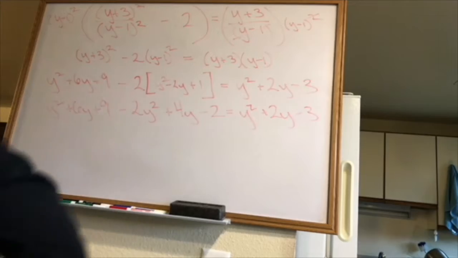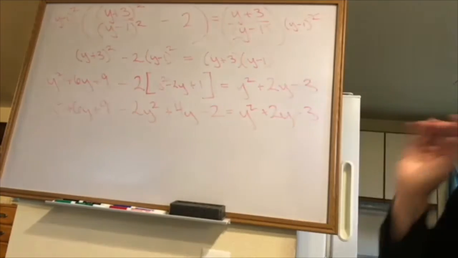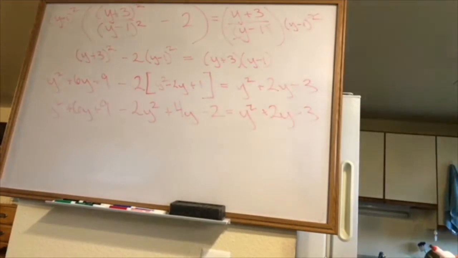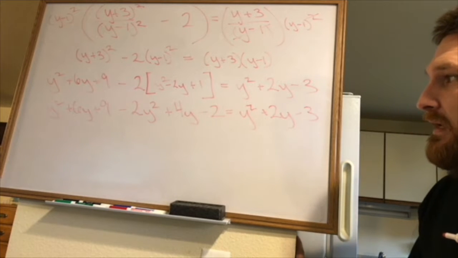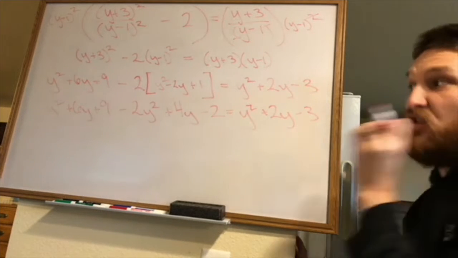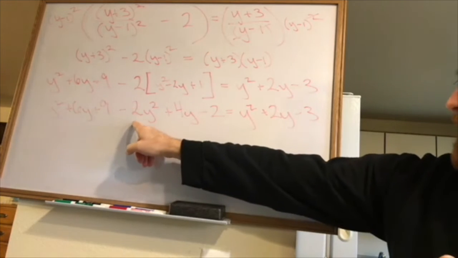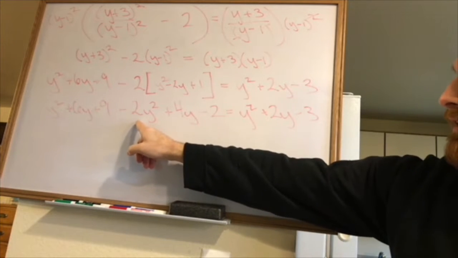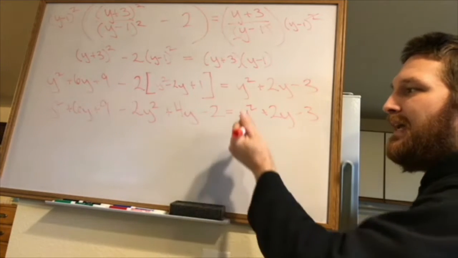Well done. Okay, now let's get all these guys together. The way I like to do it, I like to make my squared term positive. And I notice that I have a minus 2y squared over here. My first thing is I'm going to cancel these guys.